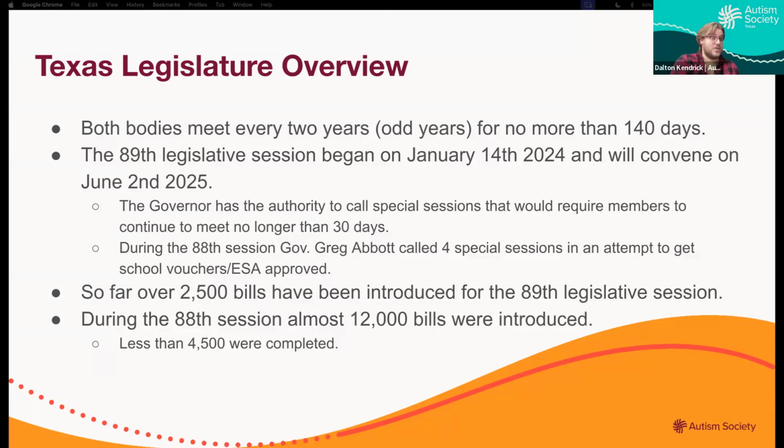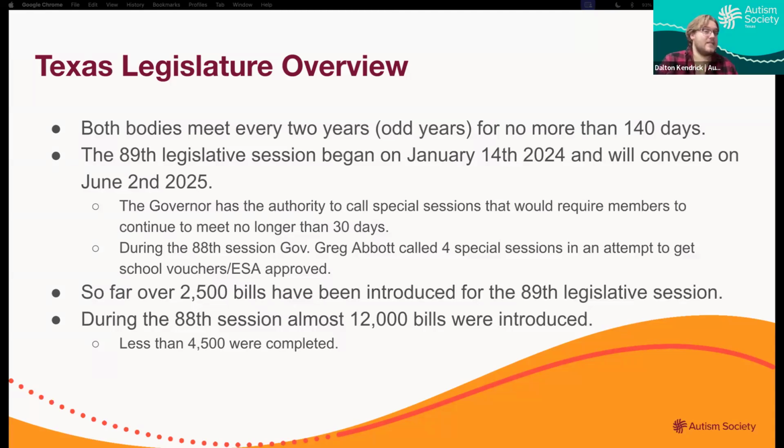The 89th legislature, which is the one we are in currently, began on January 14th, 2025, and it will convene on June 2nd, 2025. So they have about 6 months that they meet every 2 years.